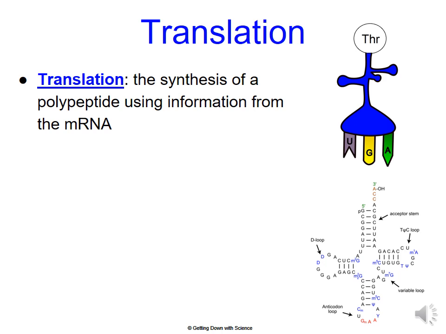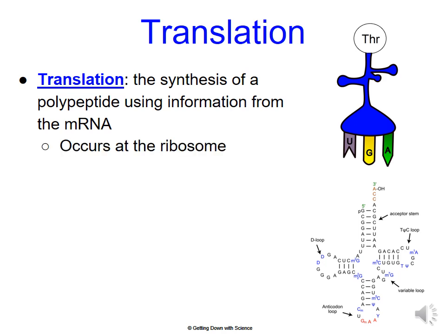So in translation, we are synthesizing a polypeptide, so an amino acid chain, using information from the mRNA. So we really are changing from the language of nucleic acids to the language of proteins, two of our different macromolecules that we started off the year with.